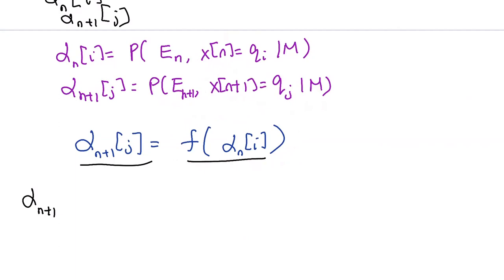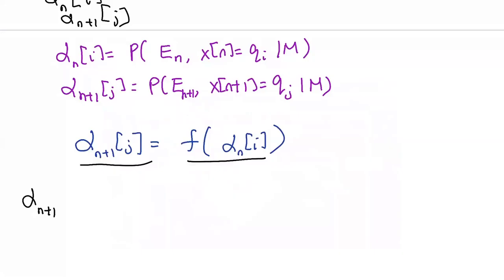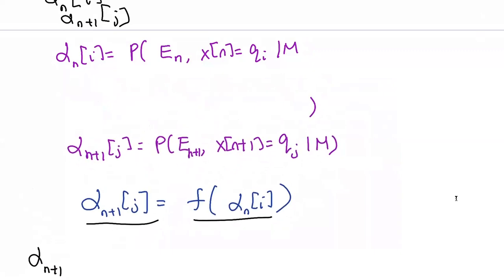So I'm not going to derive it. The notes have the derivations, but you can see the flavor. Right here, what you have is y1, y2, yn.